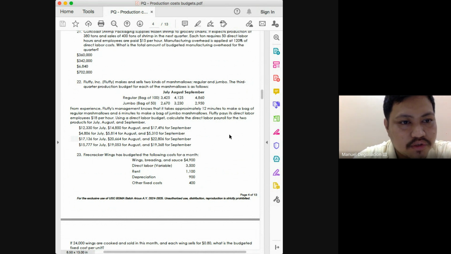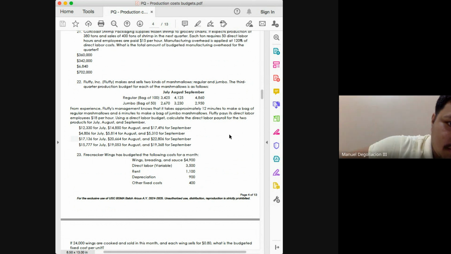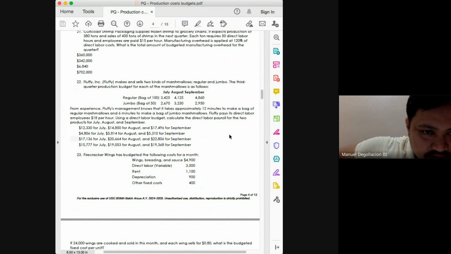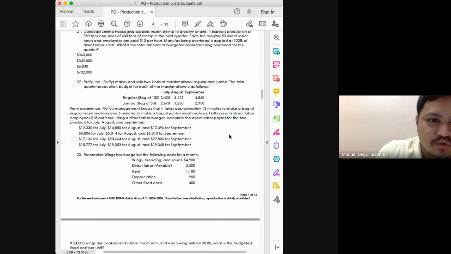The question here is calculate the direct labor payroll for the two products for July, August, and September. Luckily for us, even if we are asked to solve for July, August, and September, we really just have to solve for one. Maybe we'll just solve for July, since all choices have different figures for July.